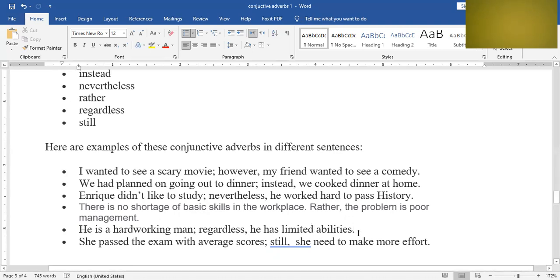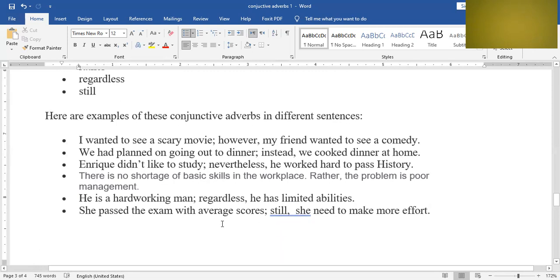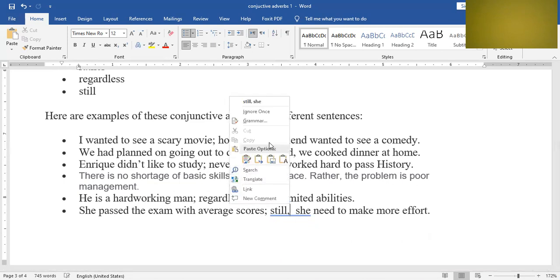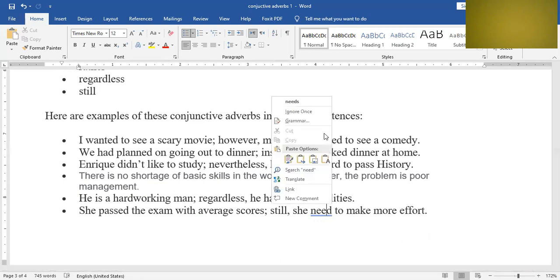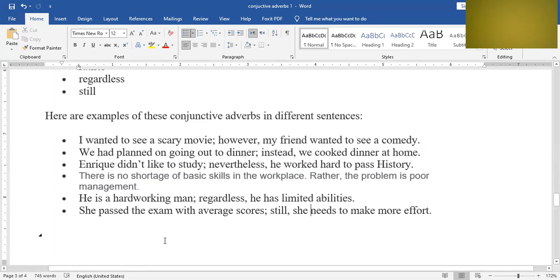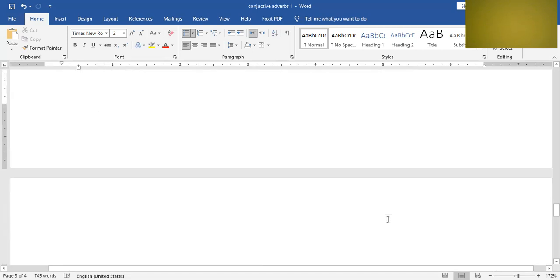He has limited abilities, but he works hard. So also opposing ideas. She passed the exam with average scores. Still, she needs to make more effort. Average scores is not good. So still she needs to make more effort.